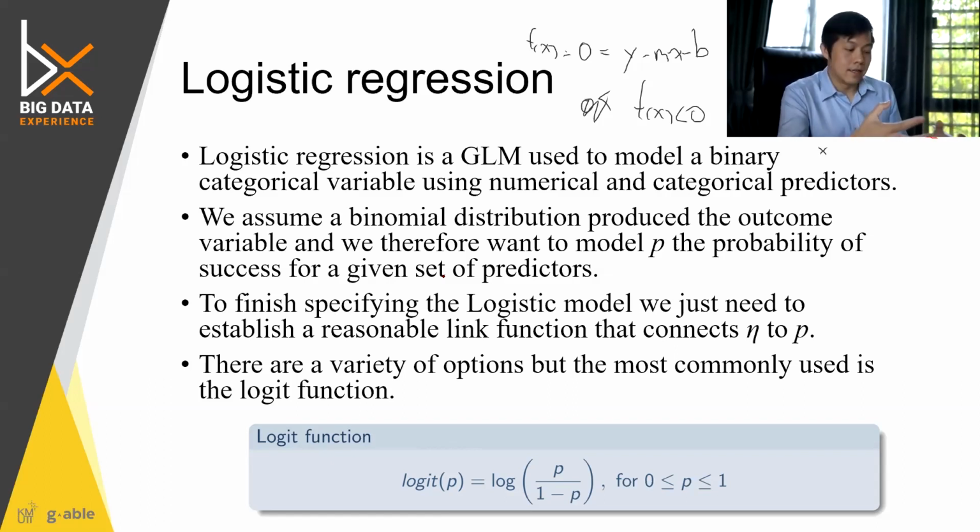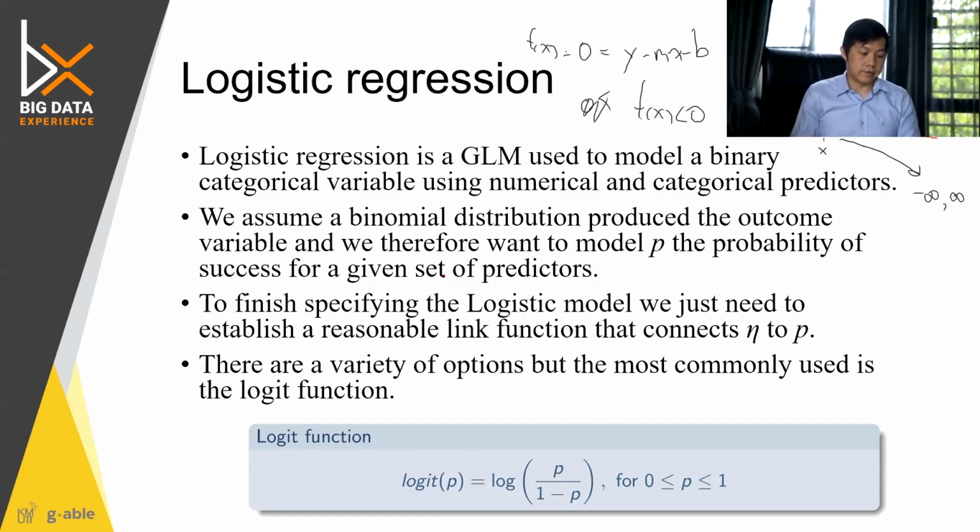For the distance from the point to the line, the range goes from minus infinity up to infinity. And if it's on the line, then it will be 0.